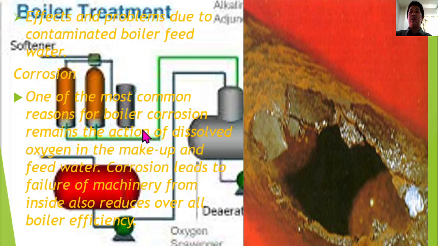Makeup is from the source or from the tank and from your hydropower system, and then it will fill the cascade tank to the boiler. Corrosion leads to failure of machinery from inside and also reduces overall boiler efficiency. So that is a tremendous effect of the corrosion of the boiler tube.